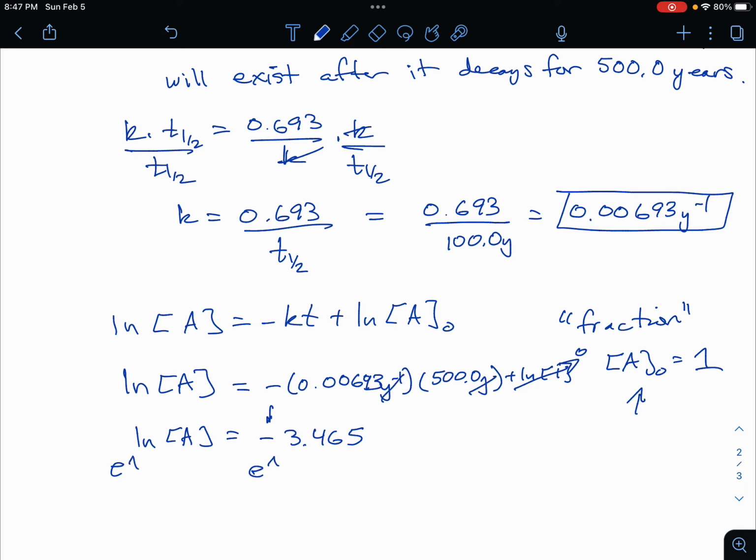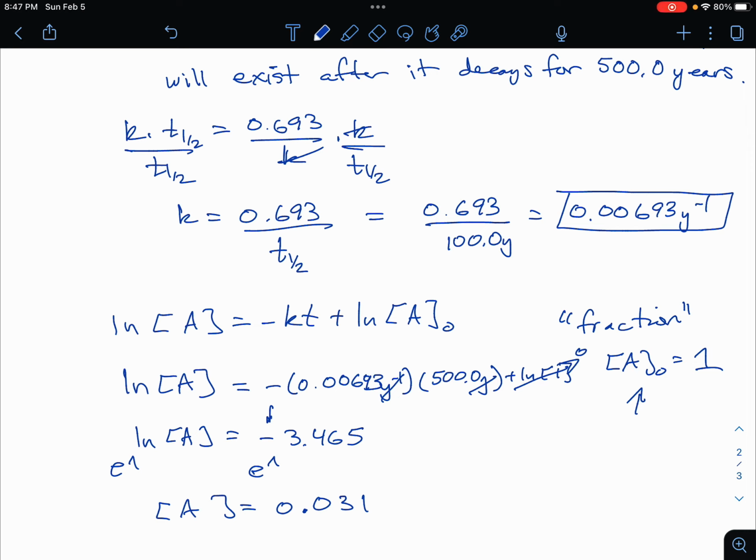Okay, so inverse natural log is raising something to the e power. e to the negative 3.465. And that comes out to be 0.031. So again, this is if you started with like 1 gram or 1 kilogram, you'd have 0.031 grams or 0.031 kilograms.